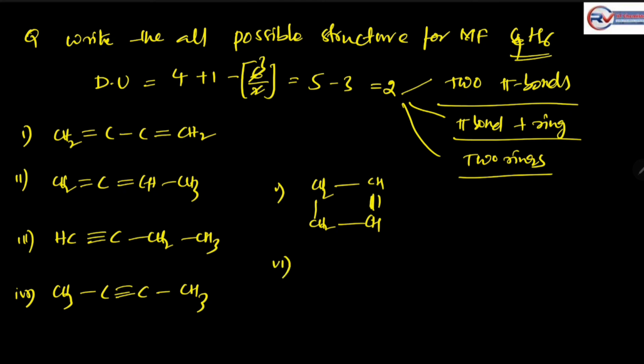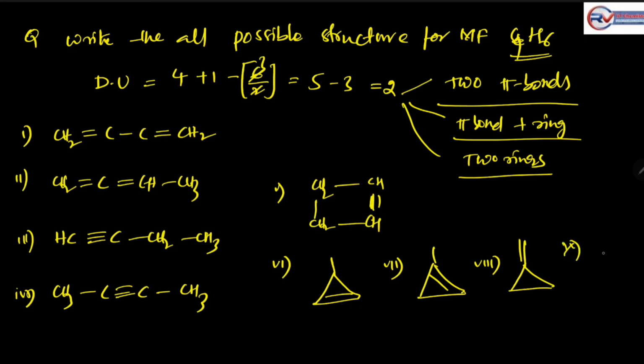Now 2 rings. So I am writing the next possible structure, reducing the chain. Next, two rings.